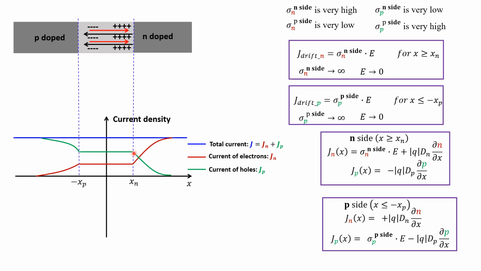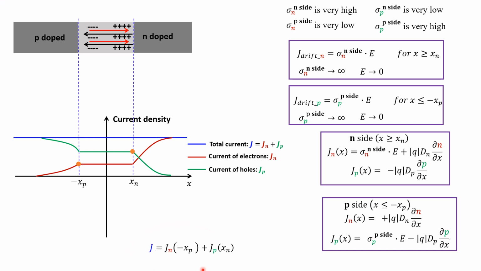So we could then add it with this current here, which is also a current of minority carriers because it's at the edge of the depletion region. And with this strategy, we will avoid having to calculate this current and this current. In other words, we're going to calculate the current inside the depletion region by calculating the current at this point and the current at this point.